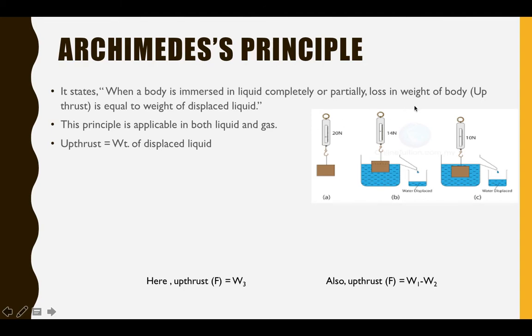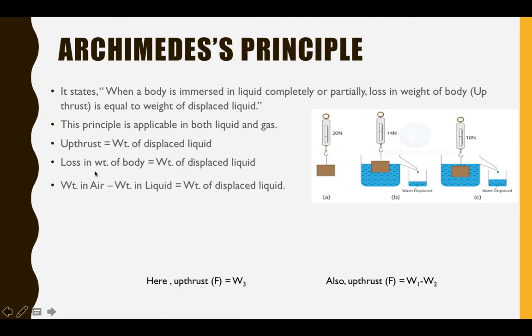So according to this statement, what you can write is: upthrust is equal to weight of displaced liquid. And in place of upthrust, we can also write loss in weight of body. So loss in weight of body is equal to weight of displaced liquid. How can you find loss in weight of body?